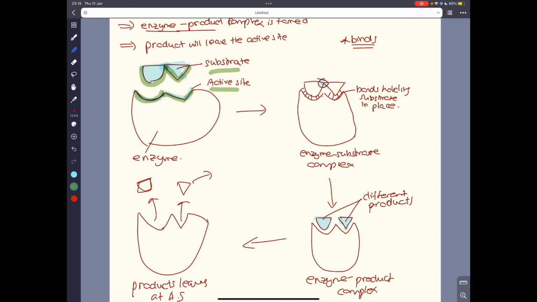So what I'm trying to tell you is that if I draw another molecule, something like this, you can see that the active site is not going to fit them, right? The active site is not going to fit.